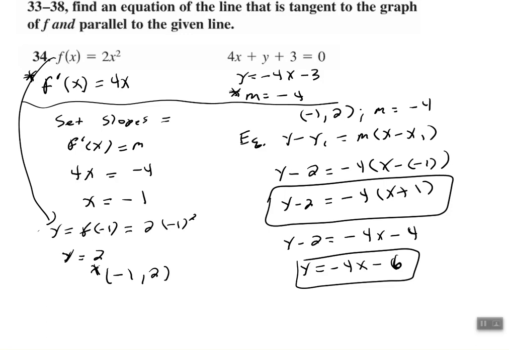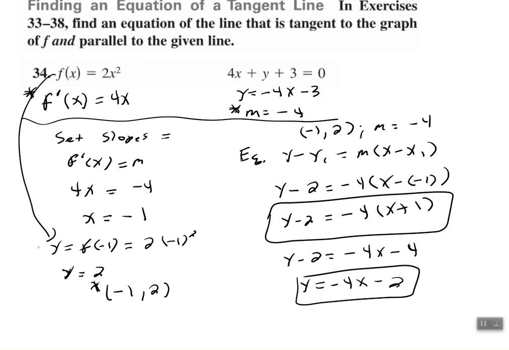And you get negative 4x minus 6 here, or add 2 to both sides. I'm sorry, I'm getting a little tired here. Add 2 to both sides, and that will give you negative 4x minus 2. So y equals negative 4x minus 2. Alrighty, and that's it for that type of problem.